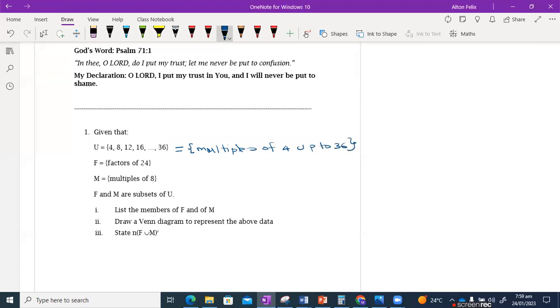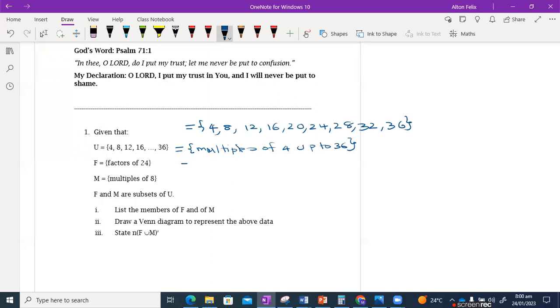So that is your set U, and that set consists of the numbers 4, 8, 12, 16, 20, 24, 28, 32, and 36. That's all multiples of 4.